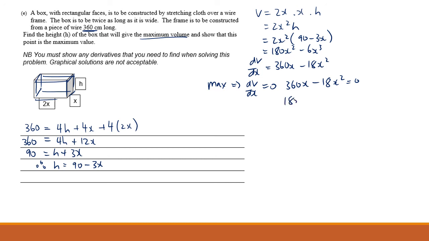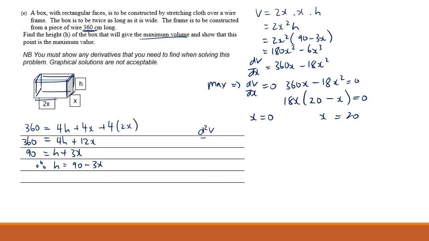Common factor of 18x. That goes into there 20 times, that goes into there x times. So I've got now two x values, x equals 0 and x equals 20. Now it's obvious that x equals 0 will give me a minimum, and therefore leaving the x equals 20 to be the maximum, but it says show. So how do we show that?